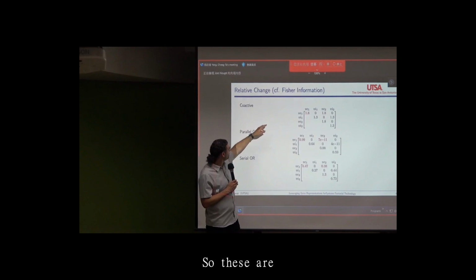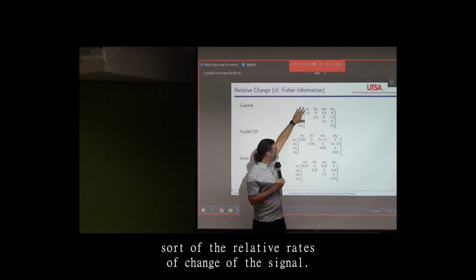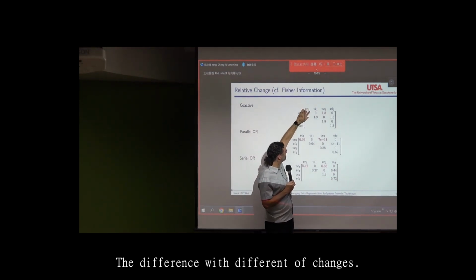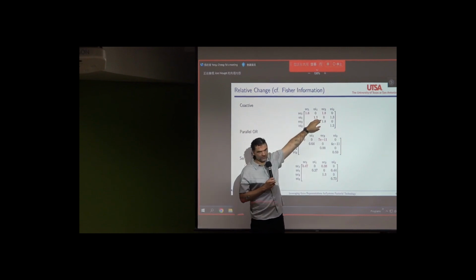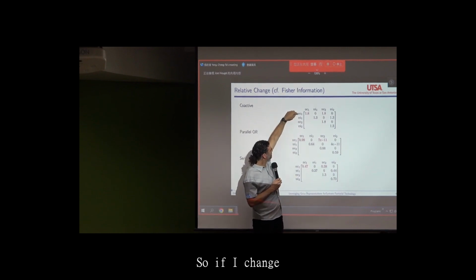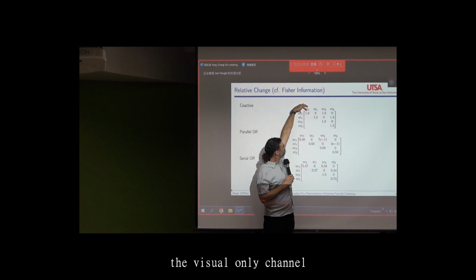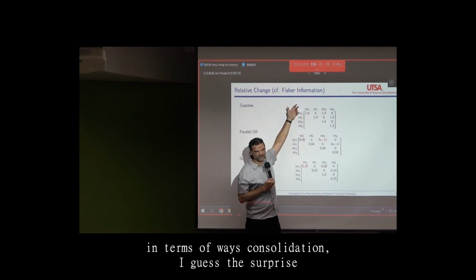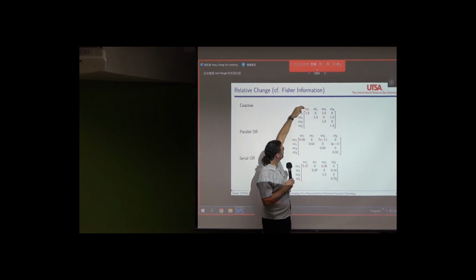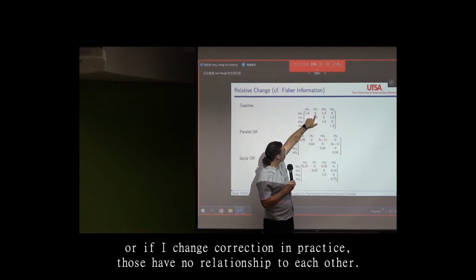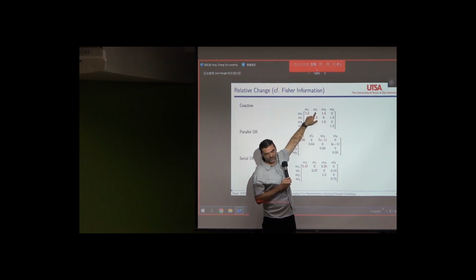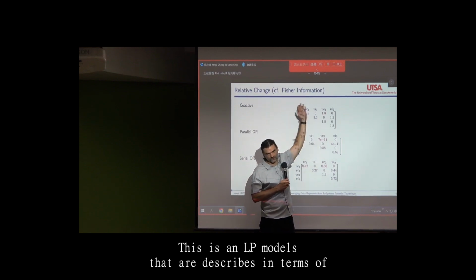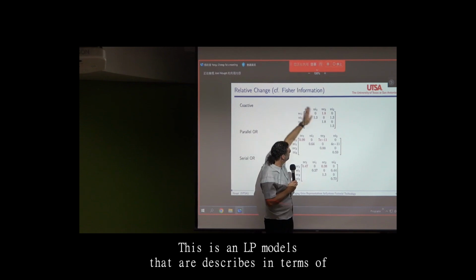These are the relative rates of change, or the second order difference with different types of changes. So if I change the visual only channel in two different ways, like the acceleration of Grice, or if I change correct and incorrect, those have no relationship to each other. This is an LBA model, so they're independent racers, so that's no surprise, and so on and so forth.